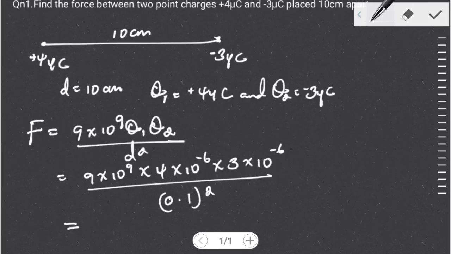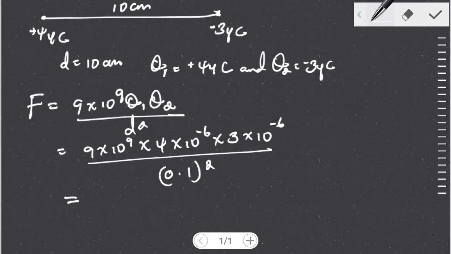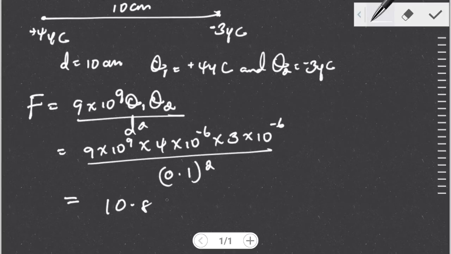If I insert this into my calculator, I get 10.8 newtons.